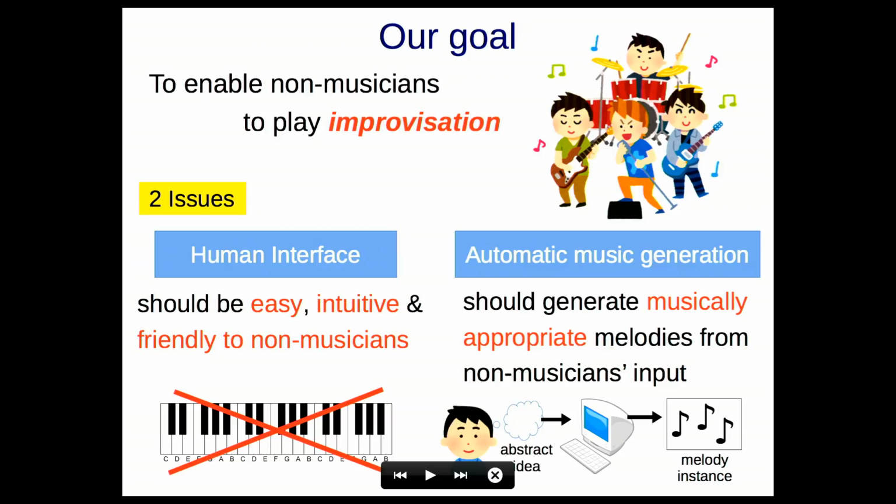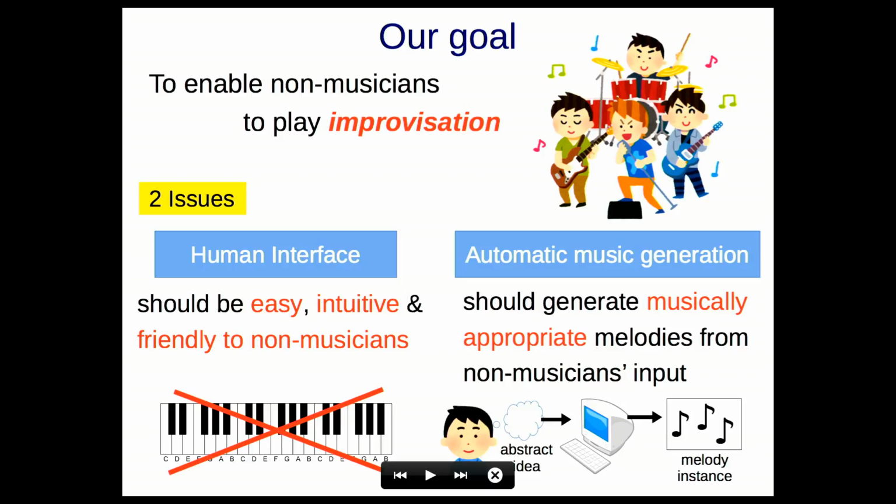To achieve this goal, we have to consider two issues. One is the human interface. Traditional musical keyboards are too difficult for our target users, so a more intuitive, easier, non-musician-friendly human interface should be developed. The other is automatic music generation.